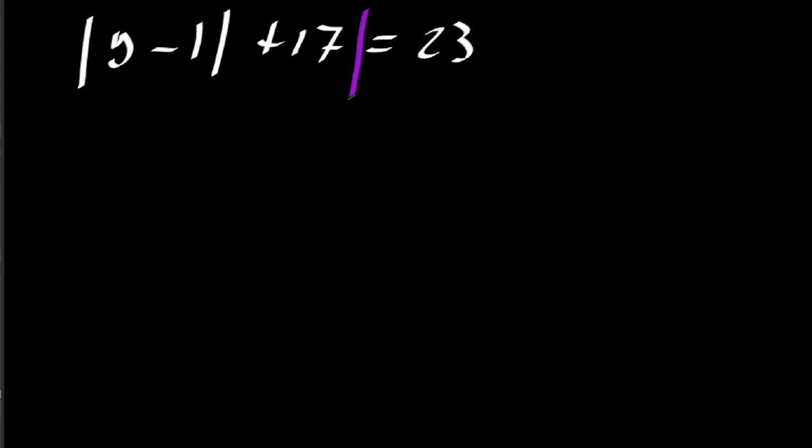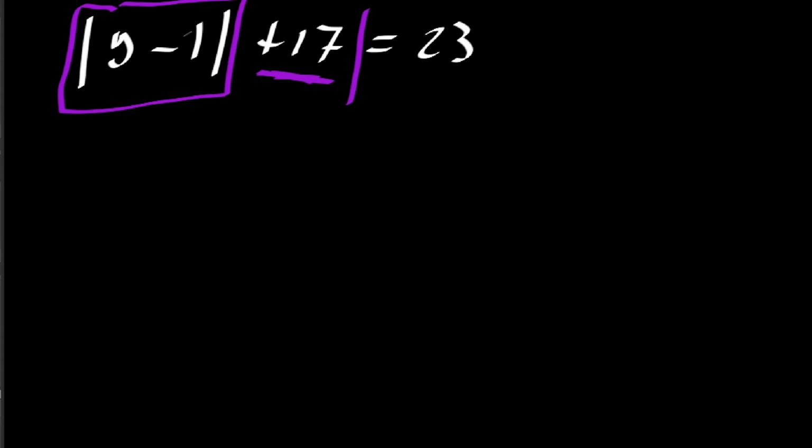So once again, go to the equal sign and try to cut this equation in half. Now, on the left side, if we have any absolute value, we have to essentially get this entire absolute value on one side by itself. And if you notice, plus 17 is on the left with that absolute value. So this is not isolated, okay?